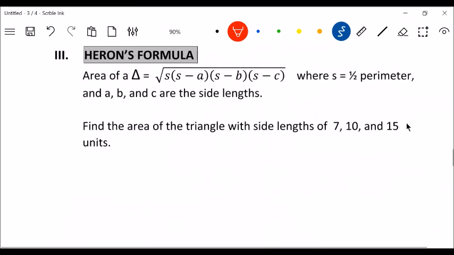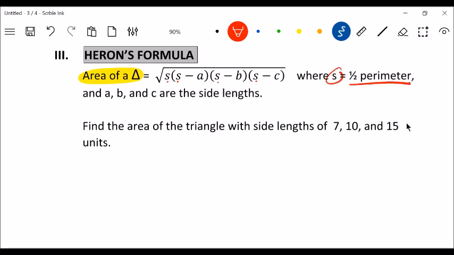Now let's take a look at something called Heron's formula, which is simply a method of finding the area of a triangle. So what we use is this S a bunch of times minus A, B, C. So S is half of the perimeter.